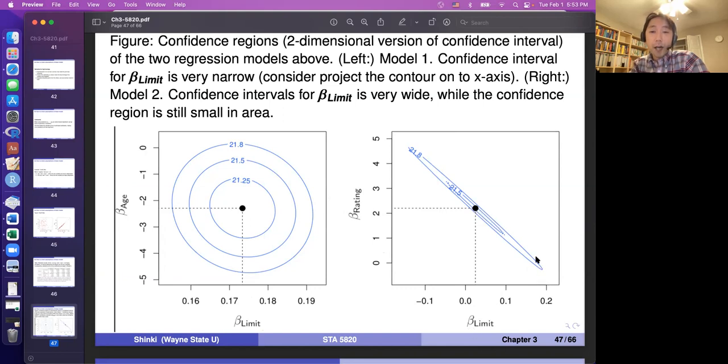So actually, the estimated coefficients are distributed in this way. That means the beta limit may be much larger, but in such a case, the beta rating should be much lower, right? It's maybe good to use the example of two dogs pulling a leash in almost the same direction. You decompose those two forces.